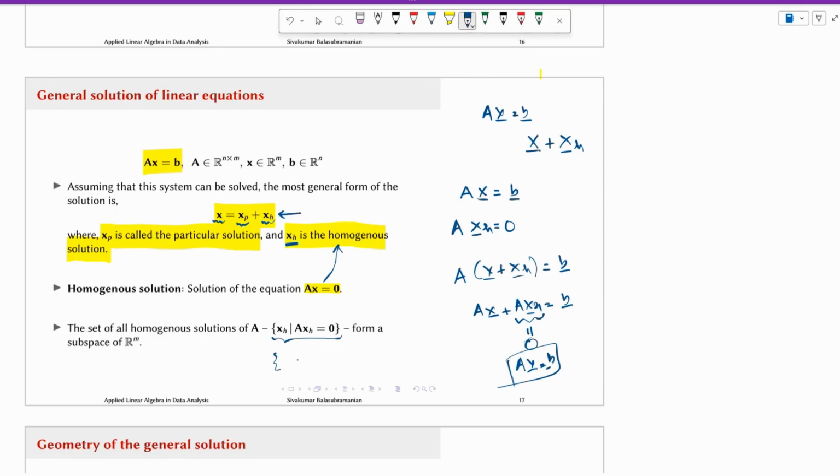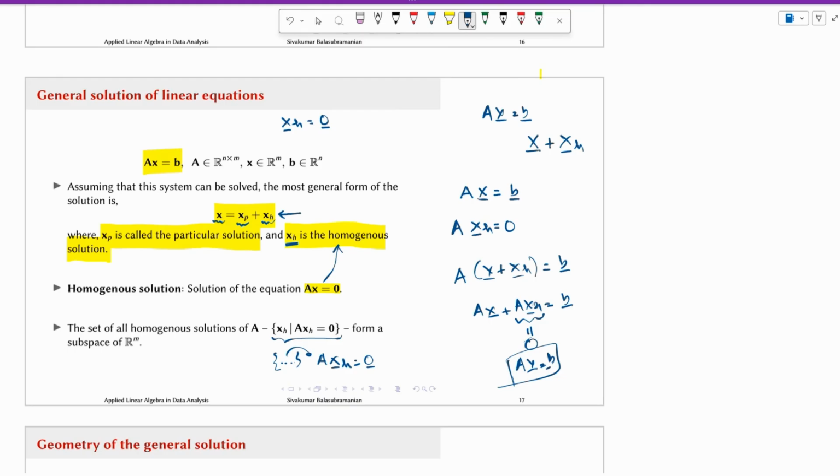If you take any one solution from here and multiply it by A, you'll get 0. So you will have a unique solution to Ax equals b if the only possible homogeneous solution is 0.